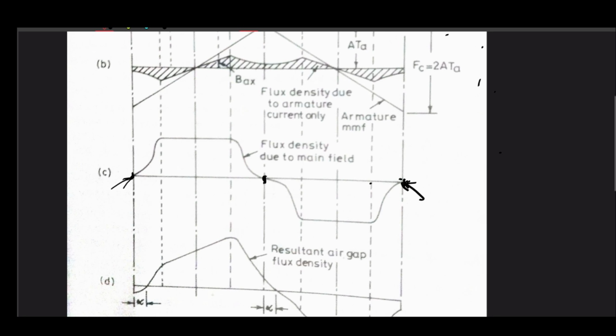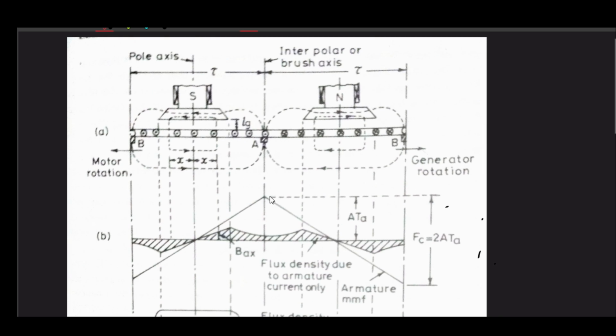So if we place our brush here, even though the flux distribution is non-sinusoidal, that doesn't pose any challenge, because our brushes are still going to short or commutate the coils whose sides are placed in the interpolar region.